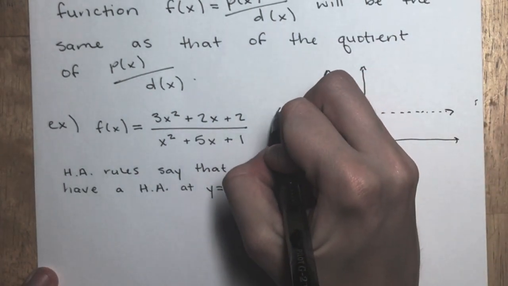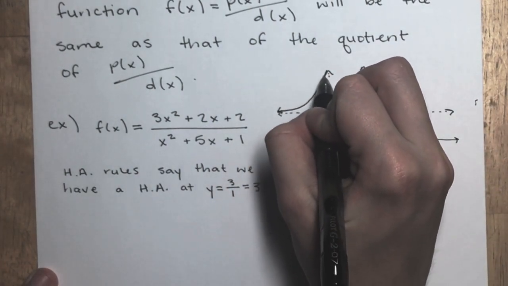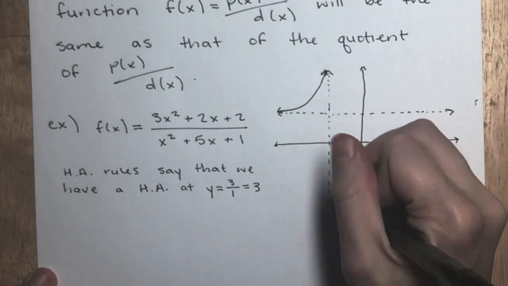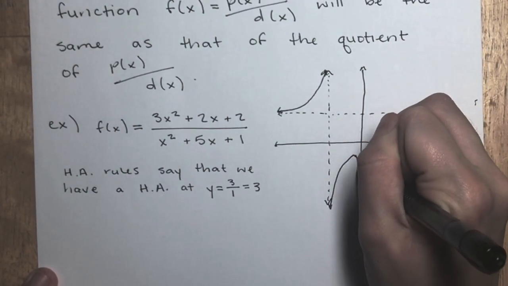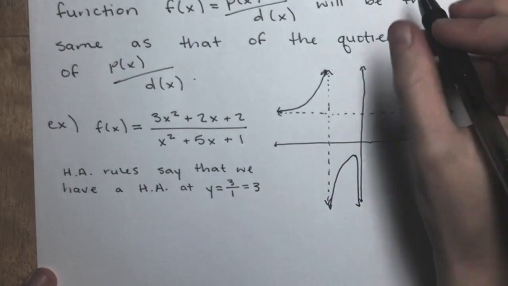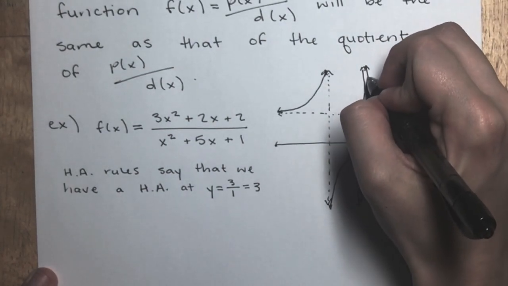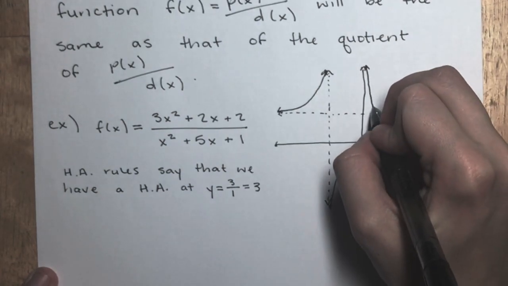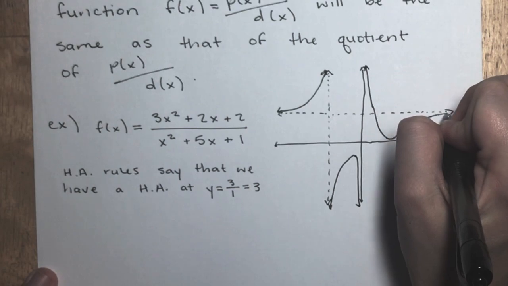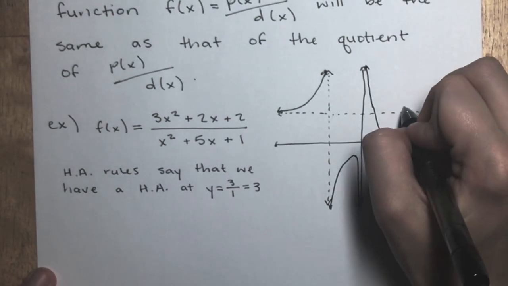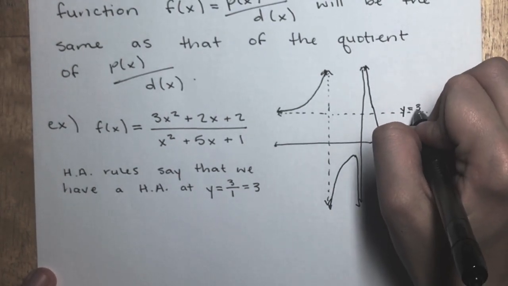And the graph looks like this. We come down, we almost touch the x-axis, and then we come back up and get really, really close to this line. So again, this is y equals 3.